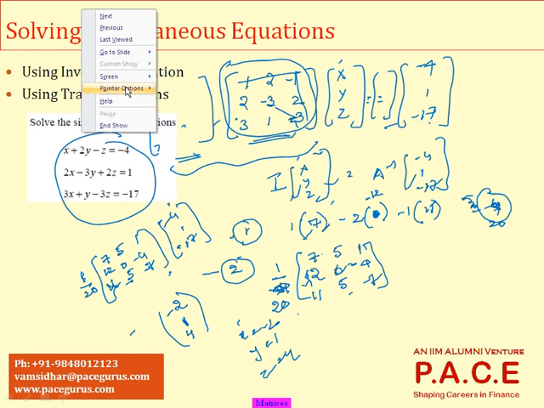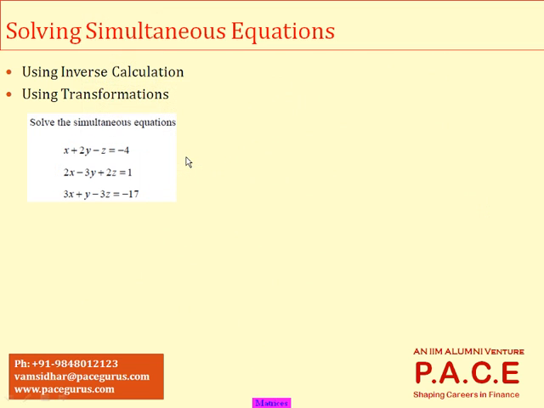So simple logic is, if you have A, B, C given, 1, 2, minus 1, 2, minus 3, 2, 3, 1, minus 3.